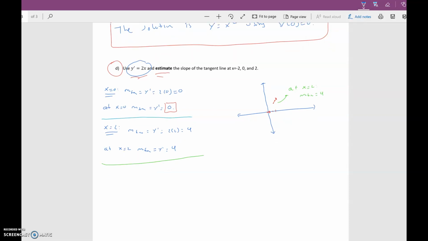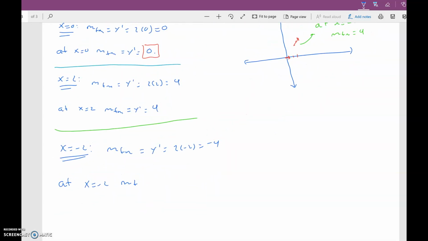Then the next one is going to be at x is equal to -2. So m tangent is going to be y prime, which is equal to 2 times -2, or -4. So at x is equal to -2, m tangent is y prime, which is equal to -4.